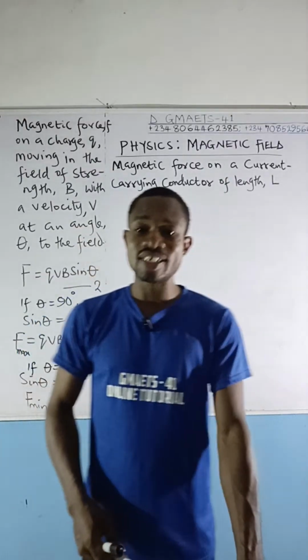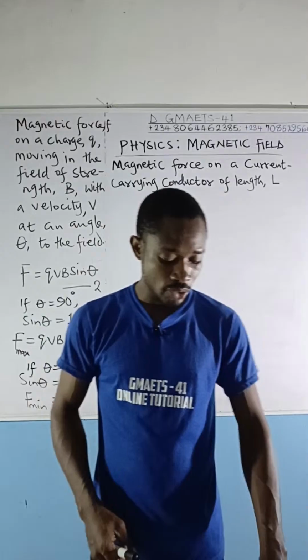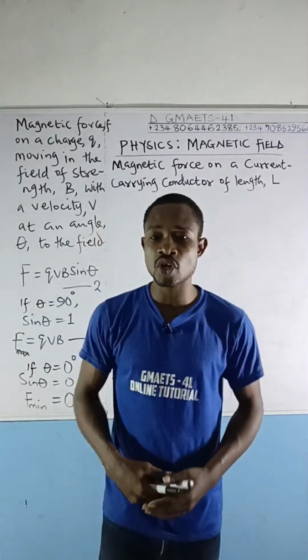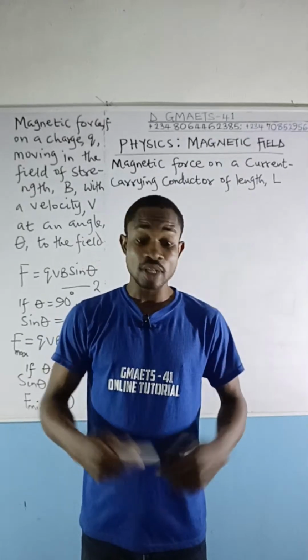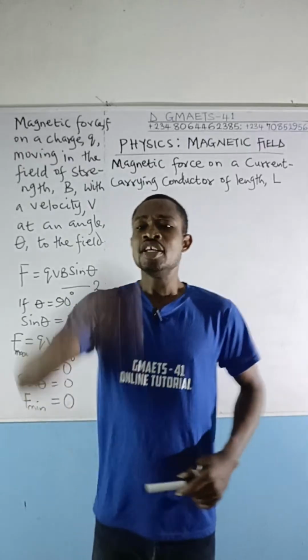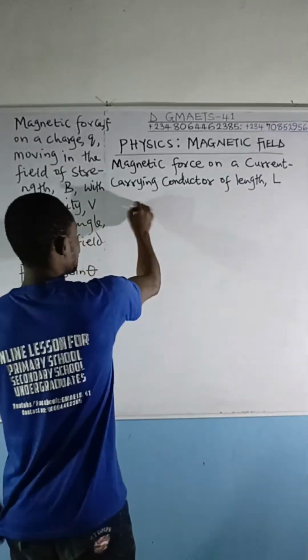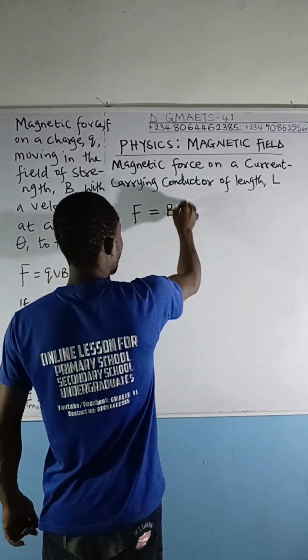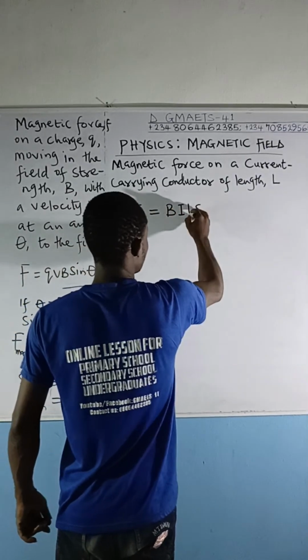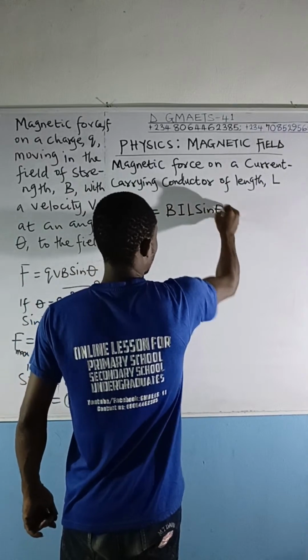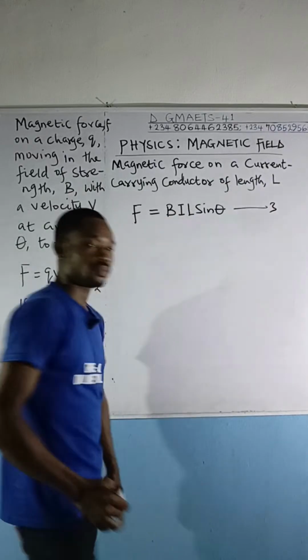So if you have a conductor and current is flowing through it, and you place that conductor in a magnetic field, the length of the conductor being L, the force that conductor will experience is given as F equal to BIL sine theta, equation 3.